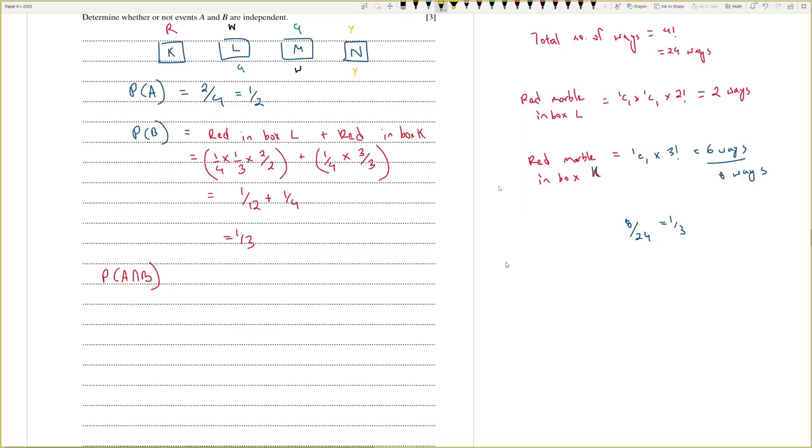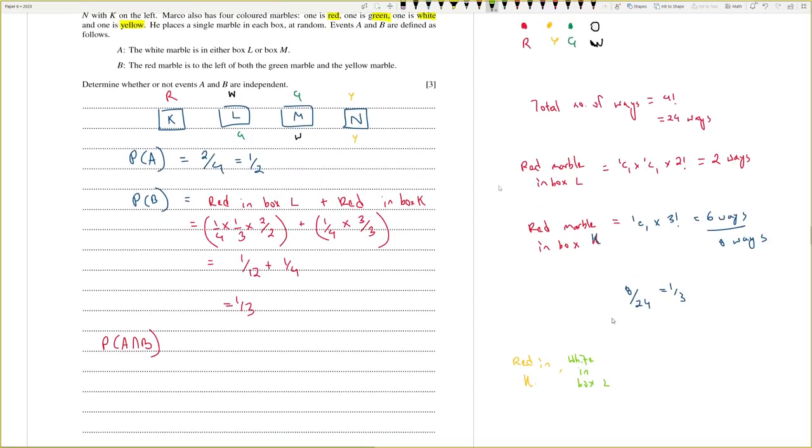Okay, so what am I doing? Red in box K, and white in box L specifically. So let's do this. It's going to be 1c1, red in box K, then white in box L, right? Or we could just do both, right? We could just write 2c1. That would work as well.